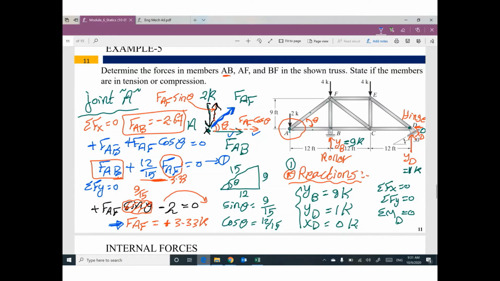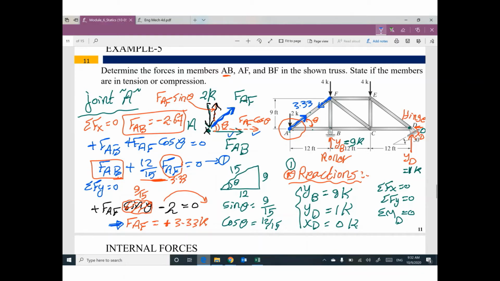So this assumption is correct, tension. It will be correct on the other side, tension. Guys, this arrow is related to joint A. The other arrow is related to joint F. Your arrows must indicate tension on both sides of the same member. How much? 3.33 kip.